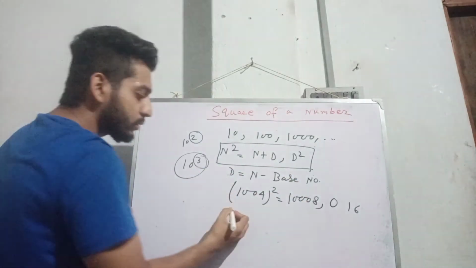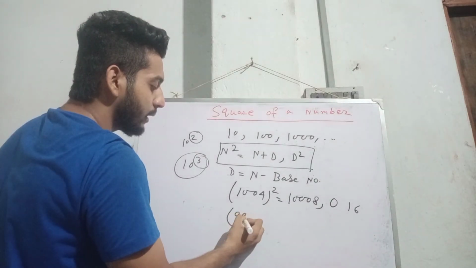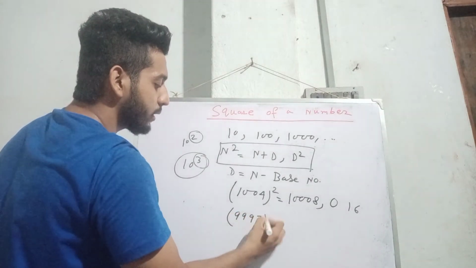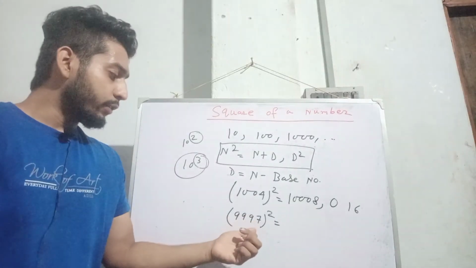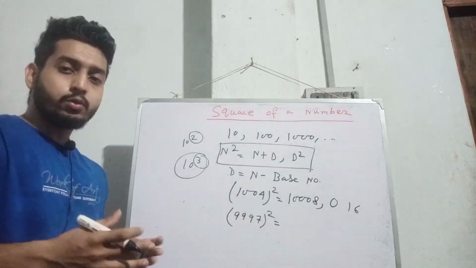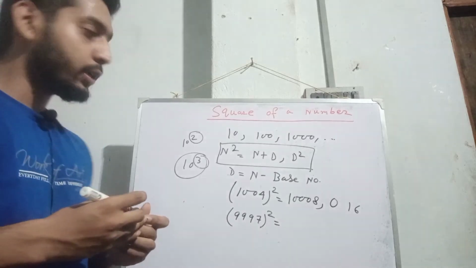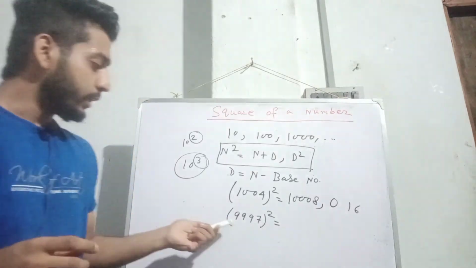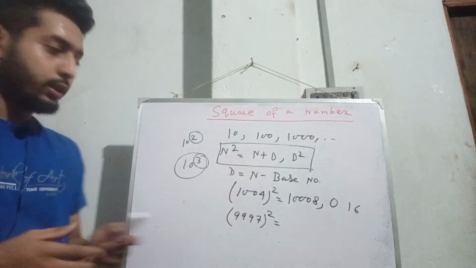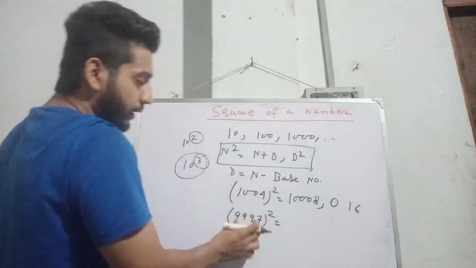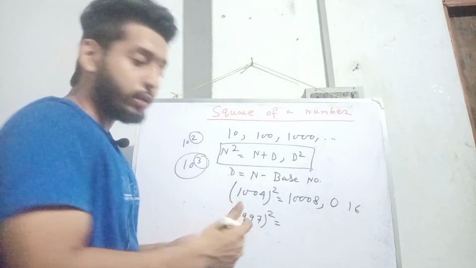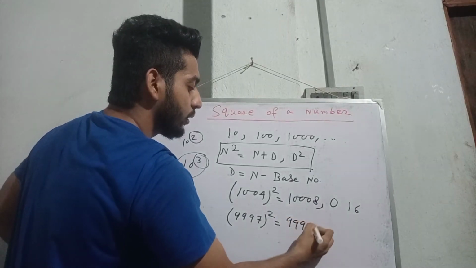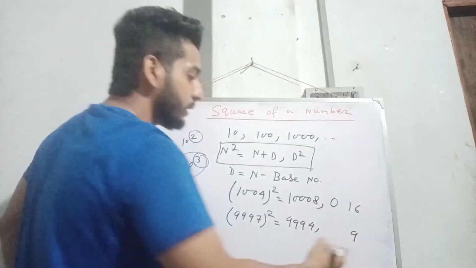Again, find the square of, suppose, 9997. This is closest to 10,000. So the base number is 10,000 and the distance is minus 3. So we can apply the formula. 9997 plus minus 3 will be 9994, comma, minus 3 square will be 9.